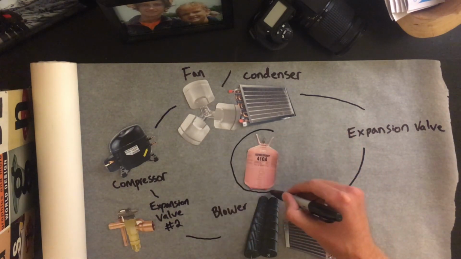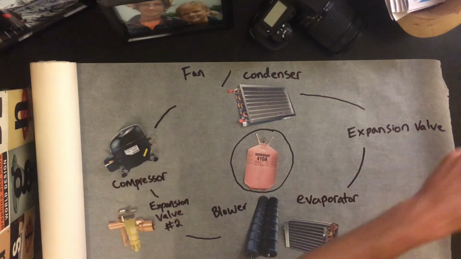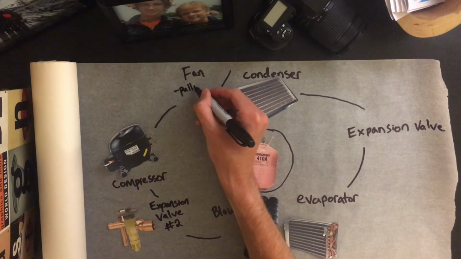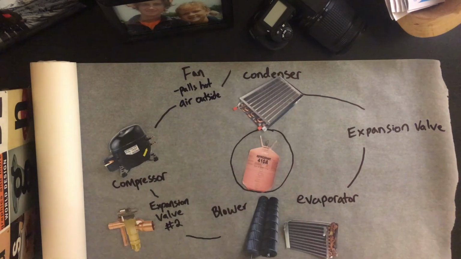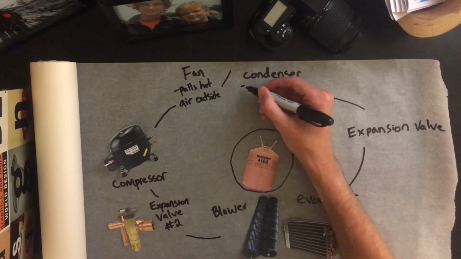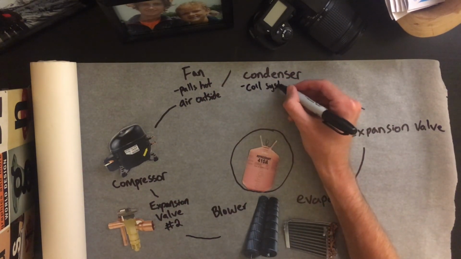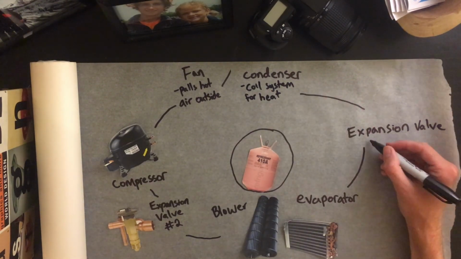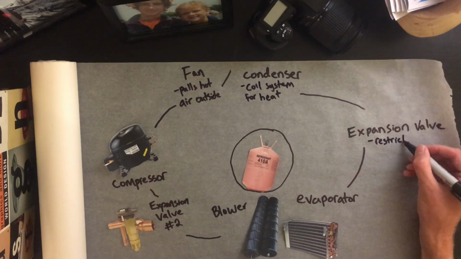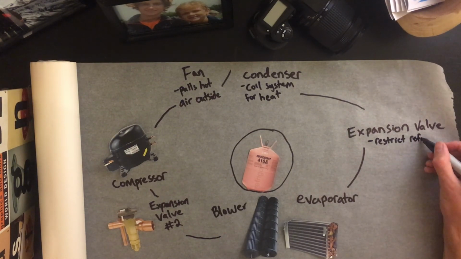The lifeblood of the air conditioner is the refrigerant. The fan serves to pull hot air from the condenser outside. The condenser, or heat exchanger, is the coil system that deals with the hot refrigerant. The first expansion valve restricts refrigerant flow.